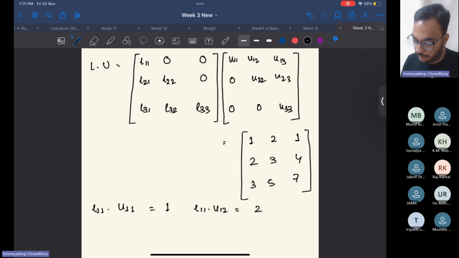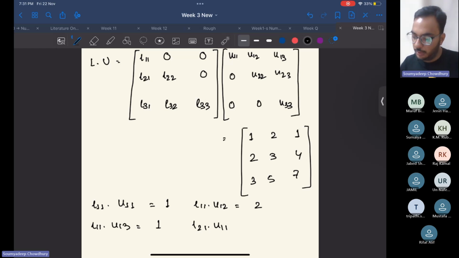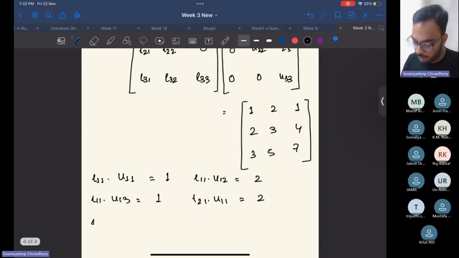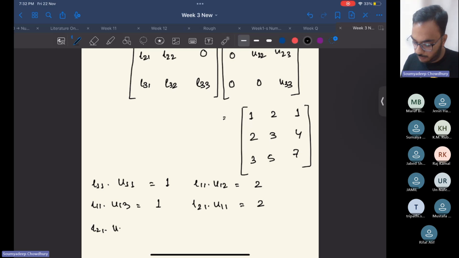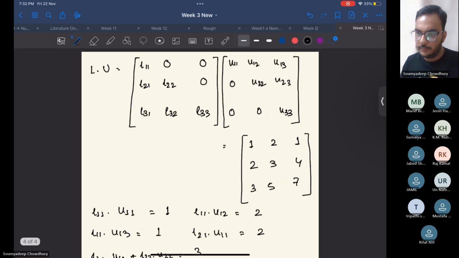From the third element, we will get L11 into U13 equals 1. Then we will get L21 into U11 equals 2. Then we have L21 into U12 plus L22 into U22 equals 3.